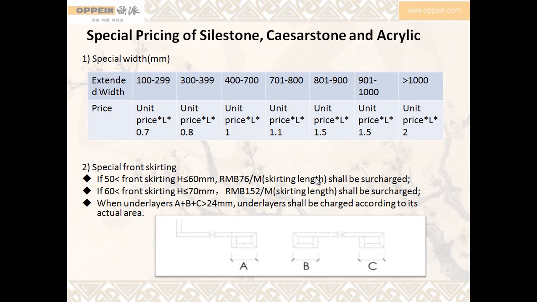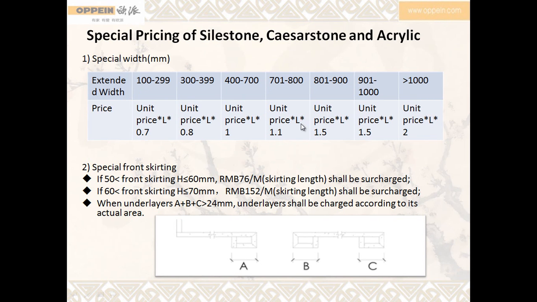Special pricing of silestone, Kisastone, and acrylic. There are two kinds of special cases. One is special width, the other is special front skirting. For special width, the pricing is different for different extended widths, and you can check the pricing rule in this table.